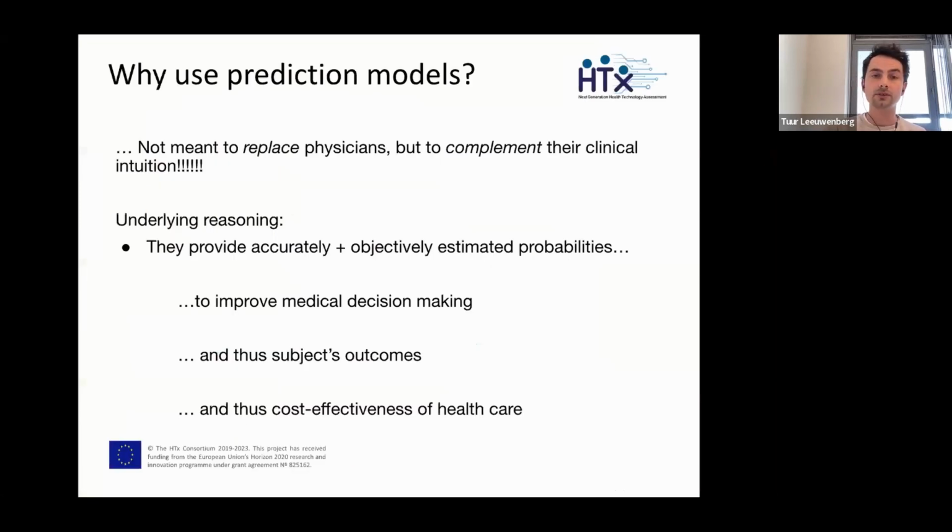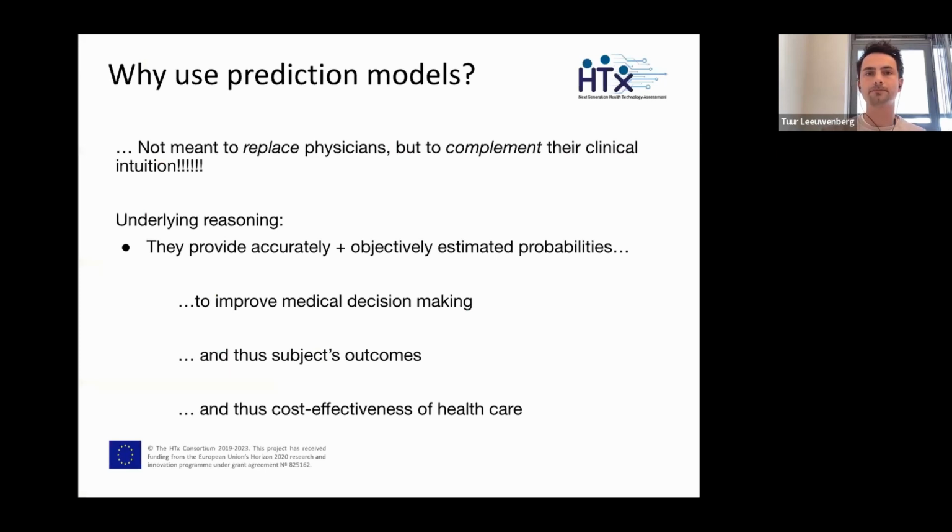So why would you want to use prediction models? It's very important that they are not intended to replace physicians, but to inform them about patient risk for diagnosis or for prognosis. The motivation is to have objective probabilities regarding certain events, so that you can make the right decision given accurate information.